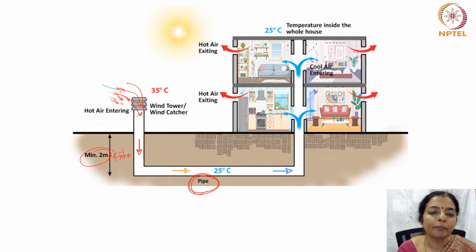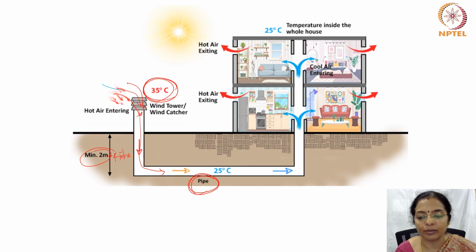The hot air flows in through this pipe. Suppose the temperature outside is 25 degrees centigrade, and for this place the soil temperature is about 25 degrees centigrade. Then the air in the pipe gets cooled because heat from the air which passes through the pipe is radiated to the soil below.